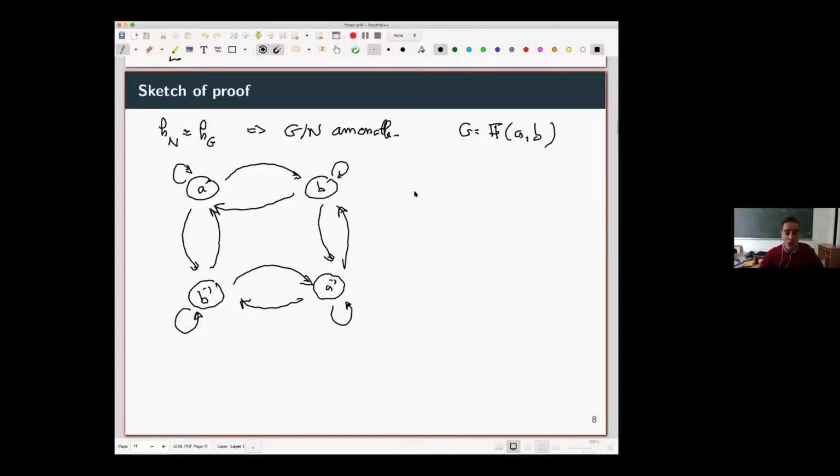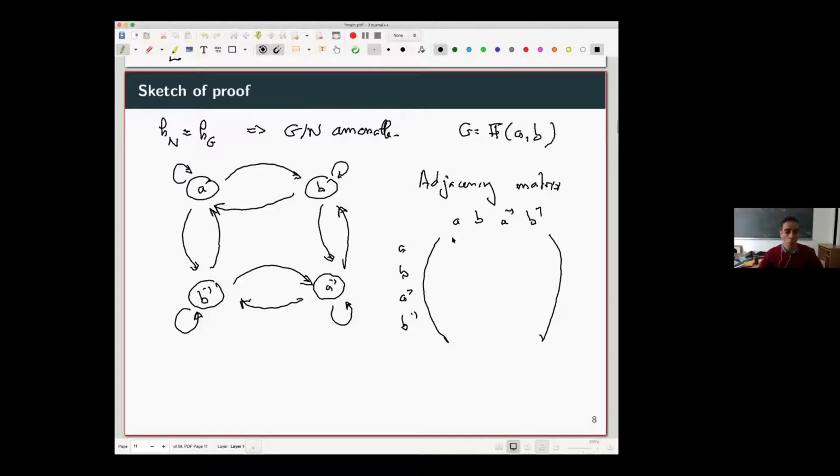Now, associated to this graph, I can write an adjacency matrix. Basically, I have a 4x4 matrix. The entries are the labels of my states: A, B, A inverse, B inverse, and the same on the rows.